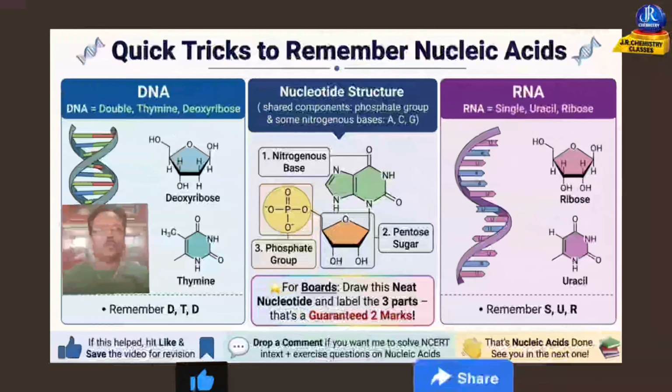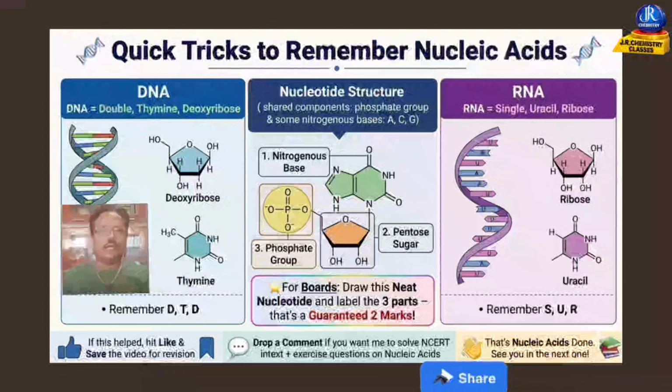Quick trick to remember: DNA double thymine deoxyribose and RNA single uracil ribose. For board exams, draw the neat structure of a nucleotide and label the three parts. That's a guaranteed 2 marks.